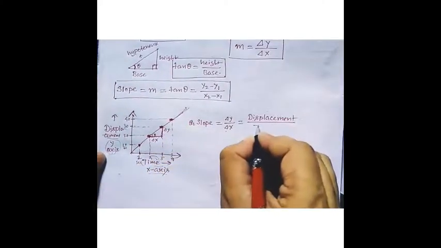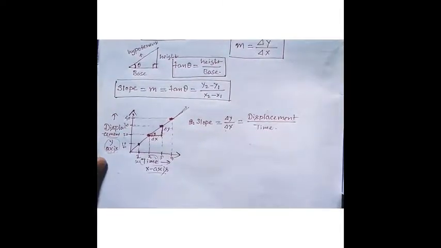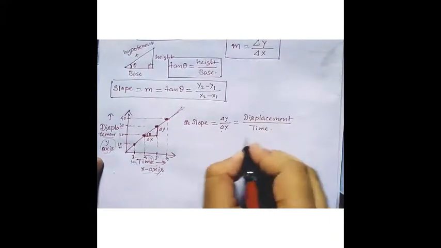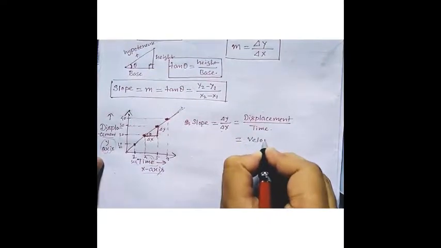So I can write time in place of del x. So from the definition, displacement by time actually indicates velocity.